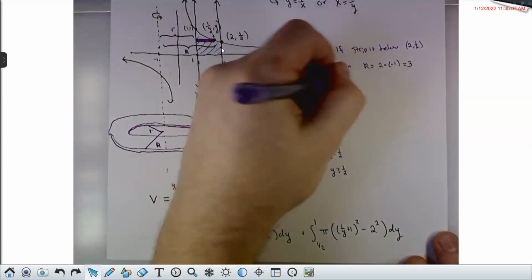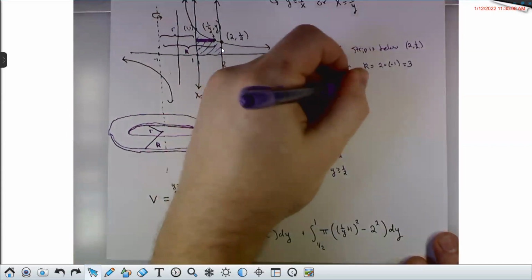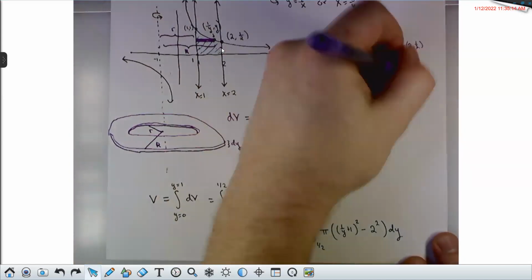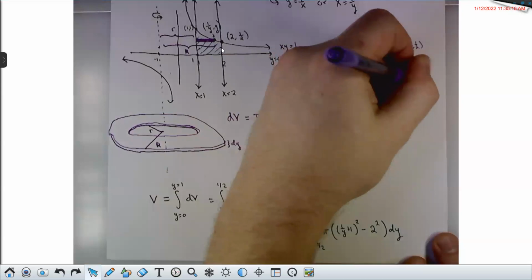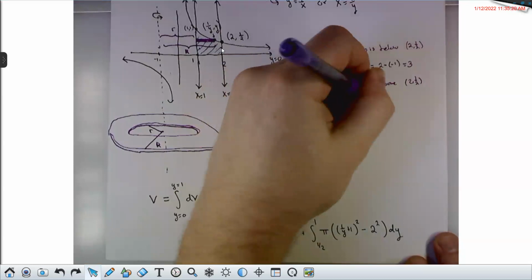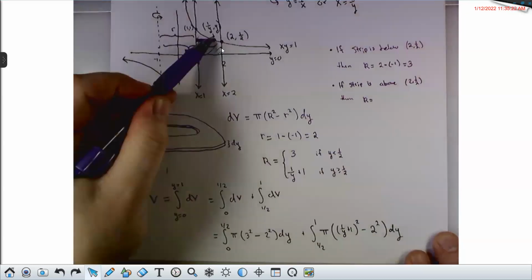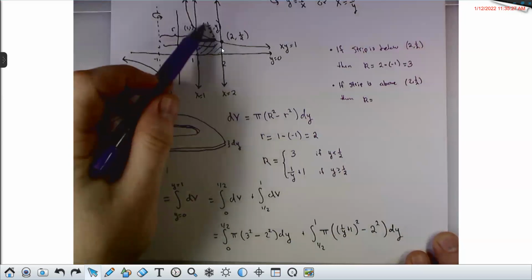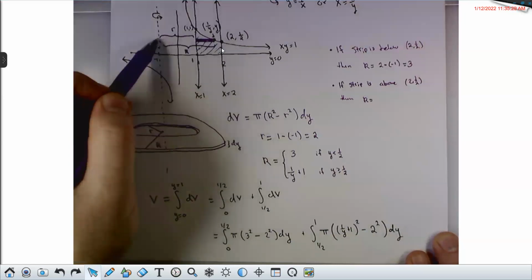And if the strip is above that point, then capital R is the x value here minus the x value here. The x value here is 1 over y. The x value here is -1.